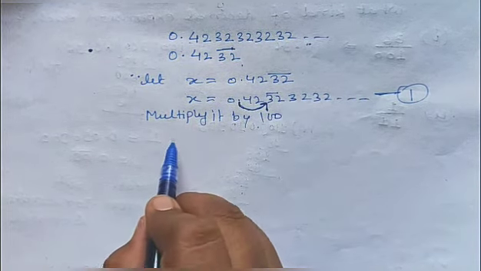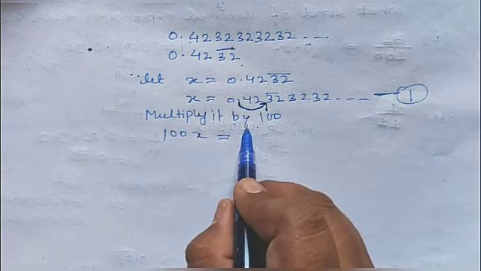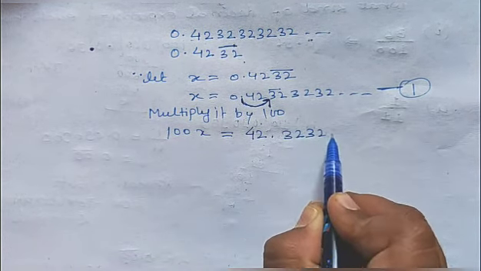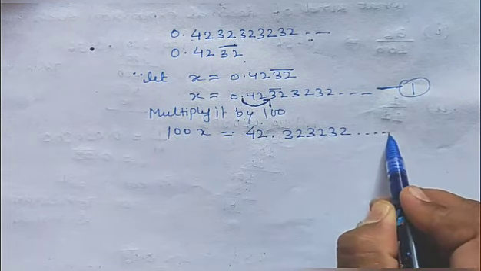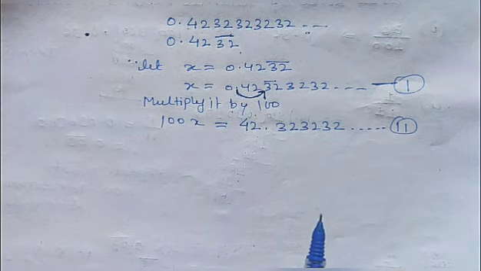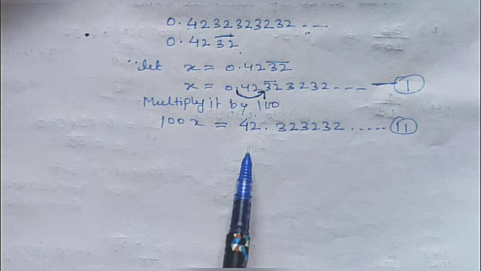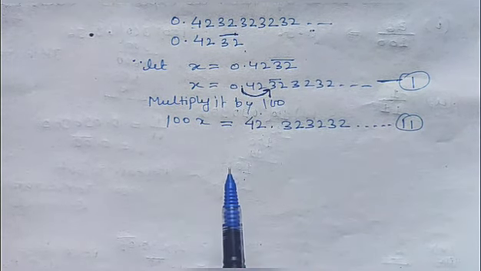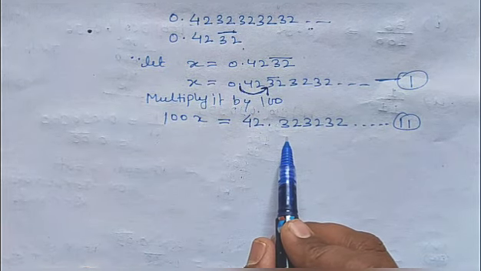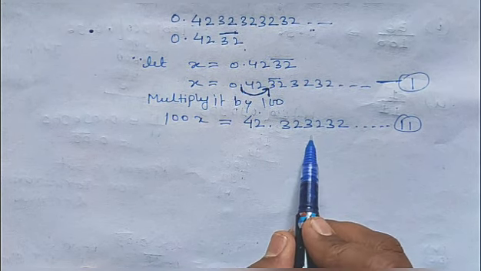Now it will be 100x is equal to 42.323232 like this. Now our question is in the form of the previous questions that we have solved. This number you should write in the form of p by q, and for that you have to multiply this number by how much? By 100, because how many digits are getting repeated? 2 digits are getting repeated.